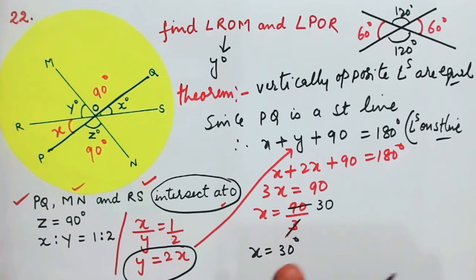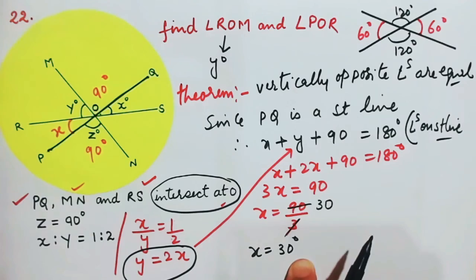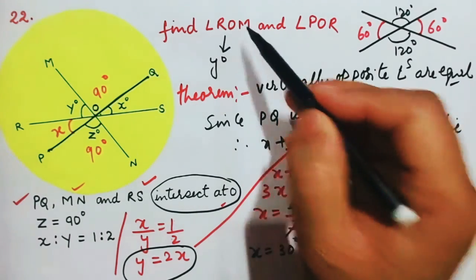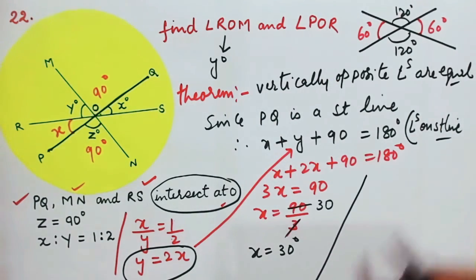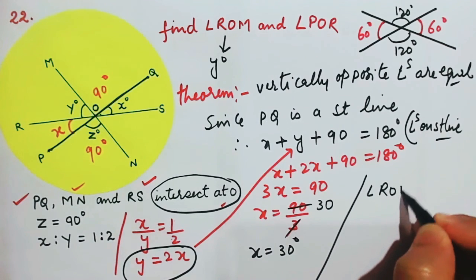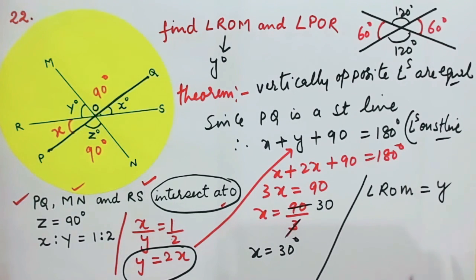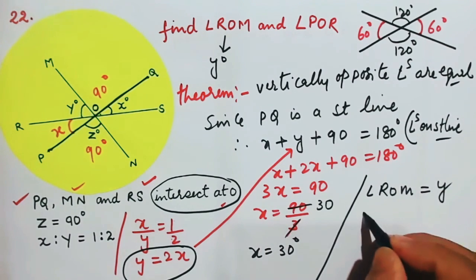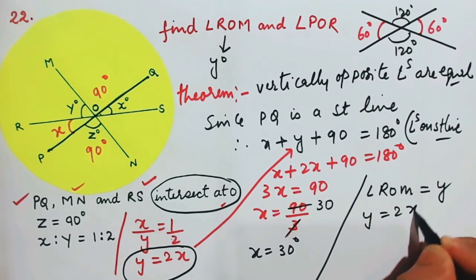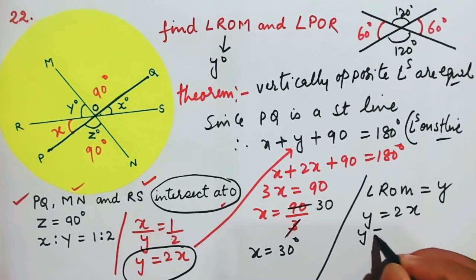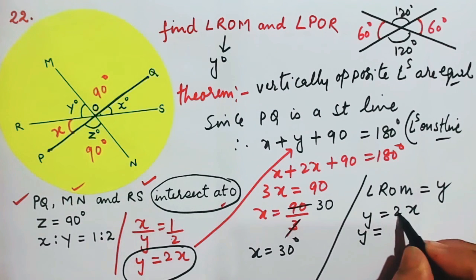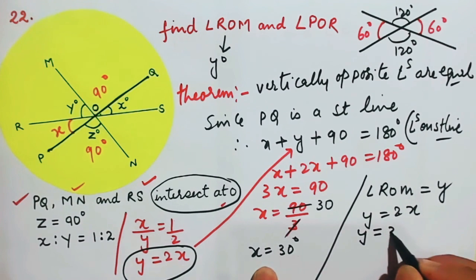Now x is equal to 30 degree. What were they asking? They were asking angle ROM. So angle ROM is equal to y, and y is equal to 2x. So y will be equal to 2 times x, that is 2 times 30 degree.